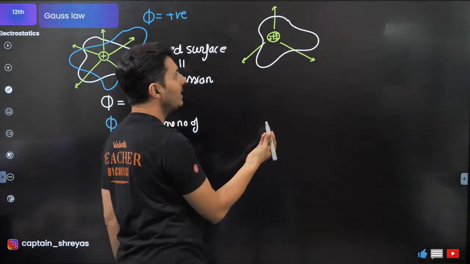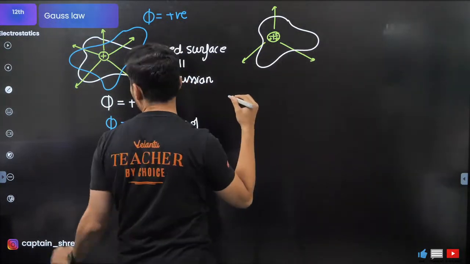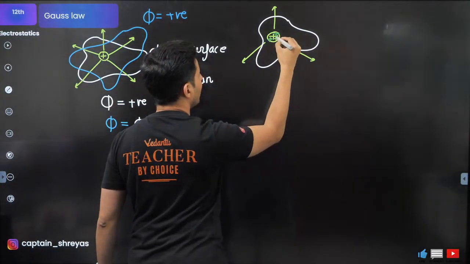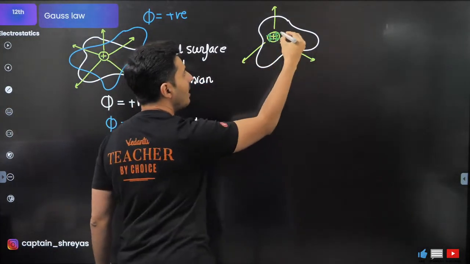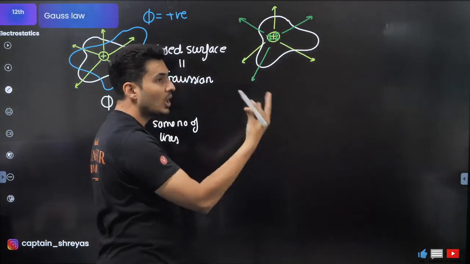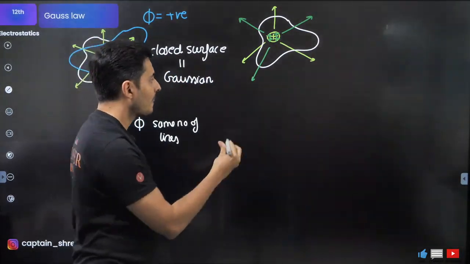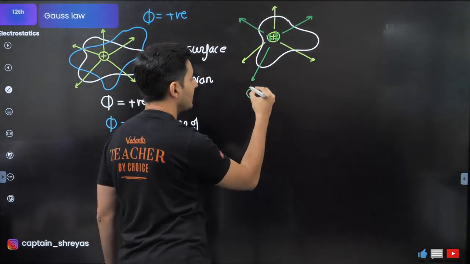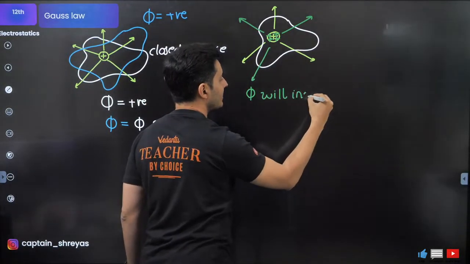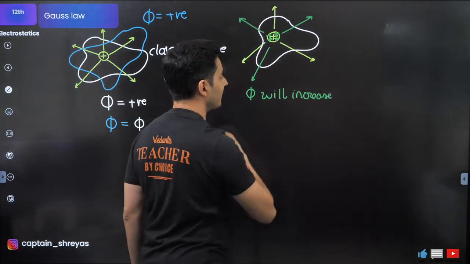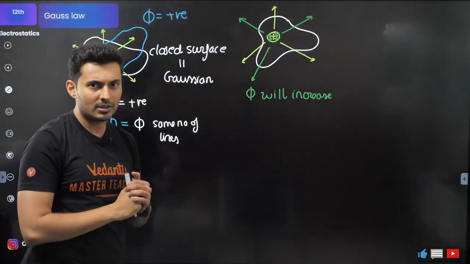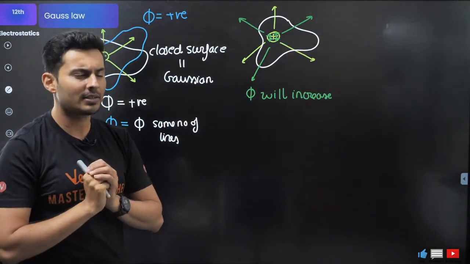The moment I add some more positive charges onto it, what will happen? There will be more field lines coming out of it. Because of that, the flux will definitely increase. Very, very interesting logic. Everybody with me on this? So the flux is definitely going to increase.